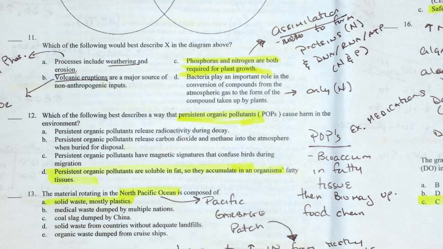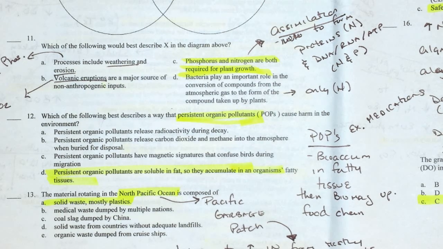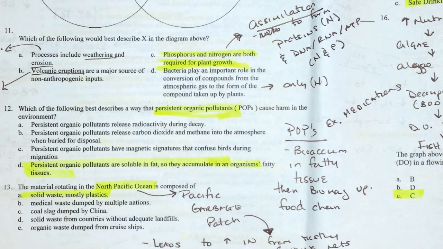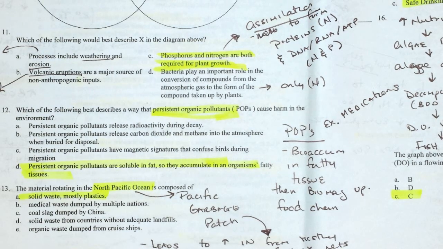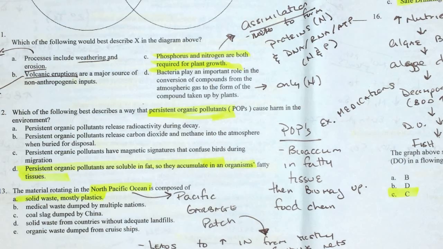They're only fat soluble. So they're going to dissolve in your fat cells, particularly the fat cells of your brain. And so they're going to accumulate or increase in your brain. Okay? And then up the food chain, they're going to increase. So that the highest level on the food chain, your tertiary and quaternary consumers, are going to get the most of those POPs.